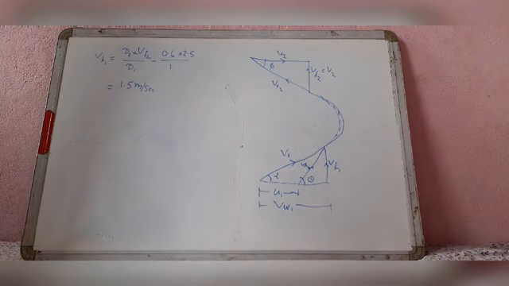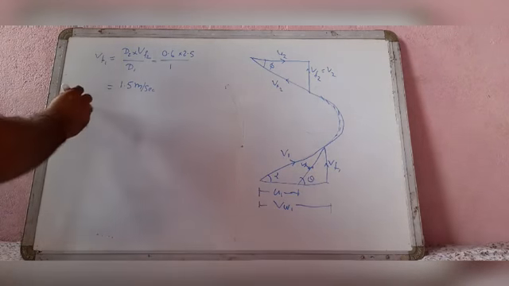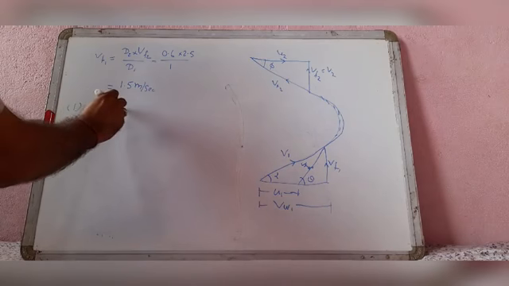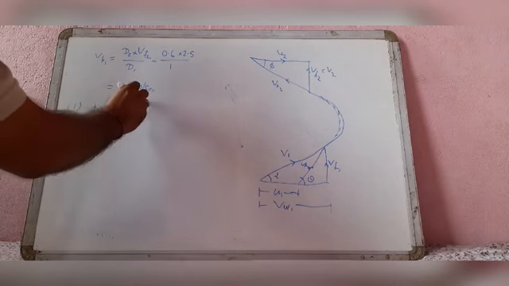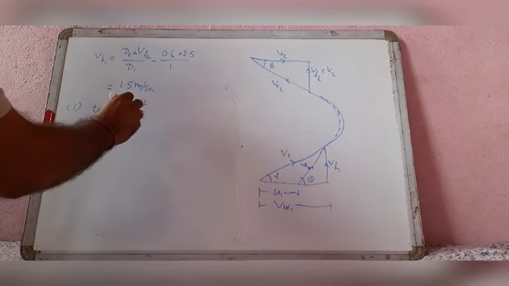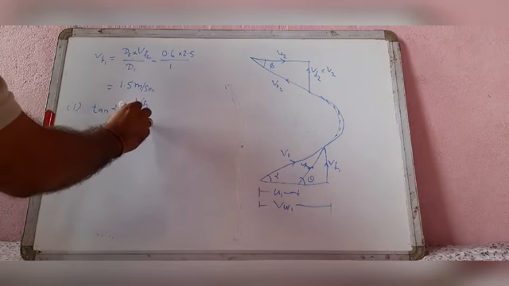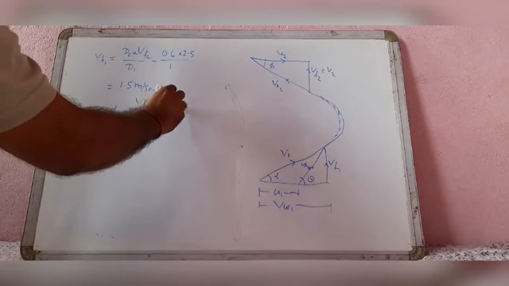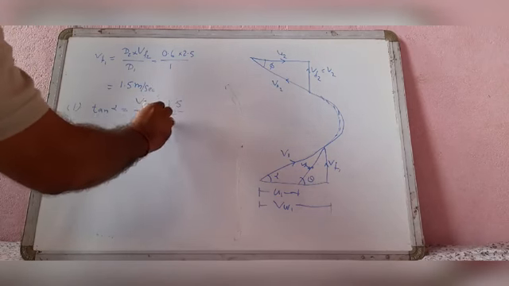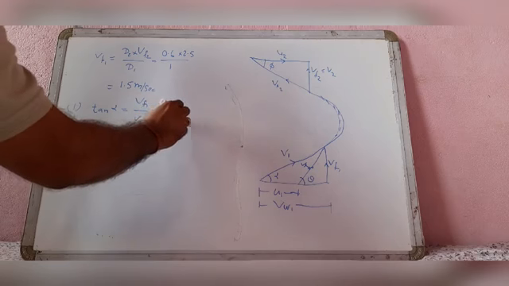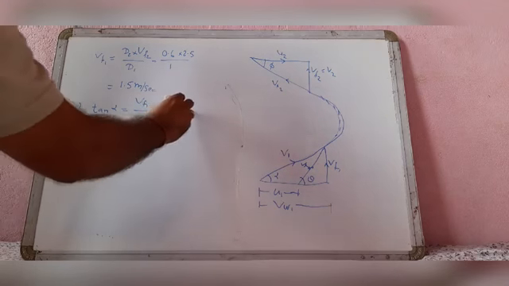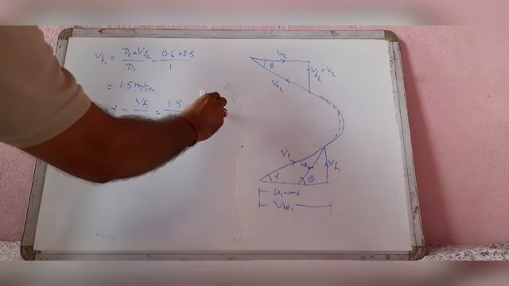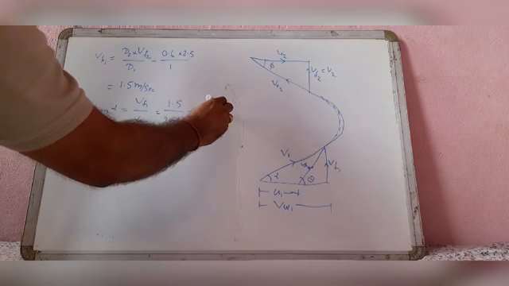Now we have to calculate the guide blade angle. Tan alpha equal to Vf1 by Vw1, so that is 1.5 by 20.44, that comes to 0.07338.